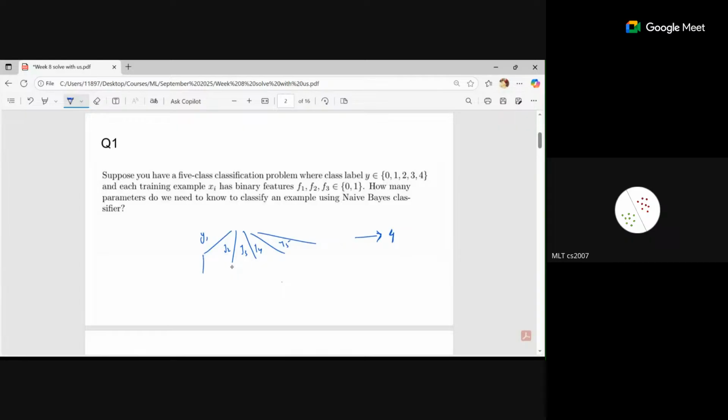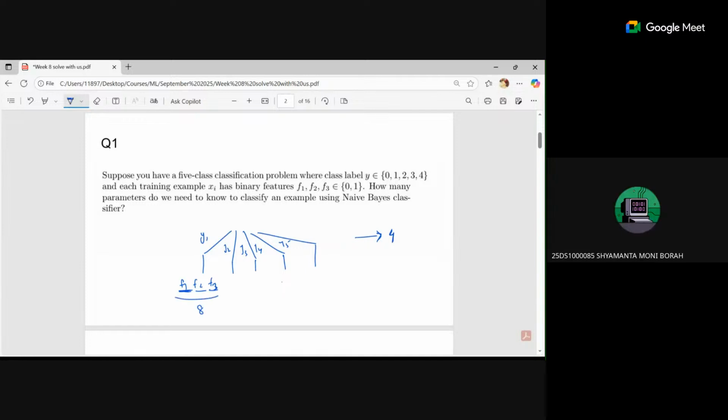Now for each of these 5 classes that we have, we have the features f1, f2, f3, right? So if we look at f1, how many possibilities do we have? 8. So total is 8.